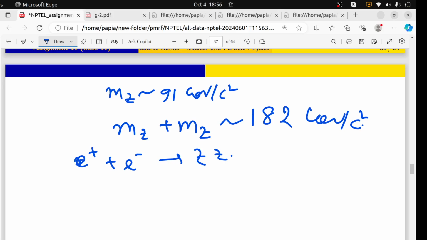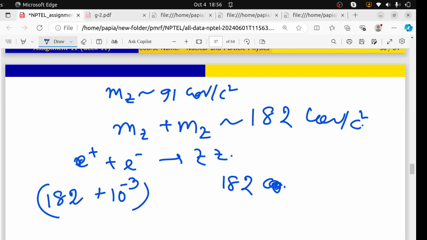This is 10 to the power minus 3 GeV and this is 182 GeV. So we need about 182 GeV kinetic energy to get ZZ. It is very difficult to have 182 GeV kinetic energy to produce two Z bosons here.